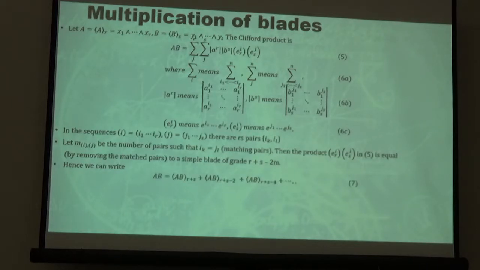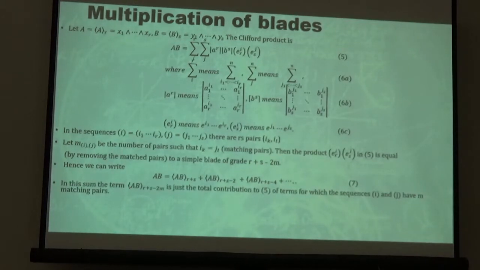Hence, we can now write AB, back in our condensed language, until we finish using up all the matching pairs. Finally, this is just the total contribution of 5, in terms of the sequences of I and J, and which is of matching pairs.